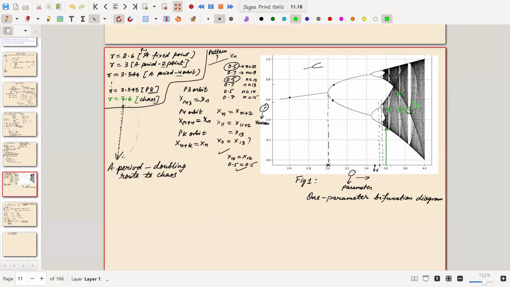This fact, one of the scientists saw. When this figure was released in the scientific community, many persons saw this diagram, and one of them truly admired it. He got astonished by this diagram, so much that he could not sleep after seeing it. He is Feigenbaum.